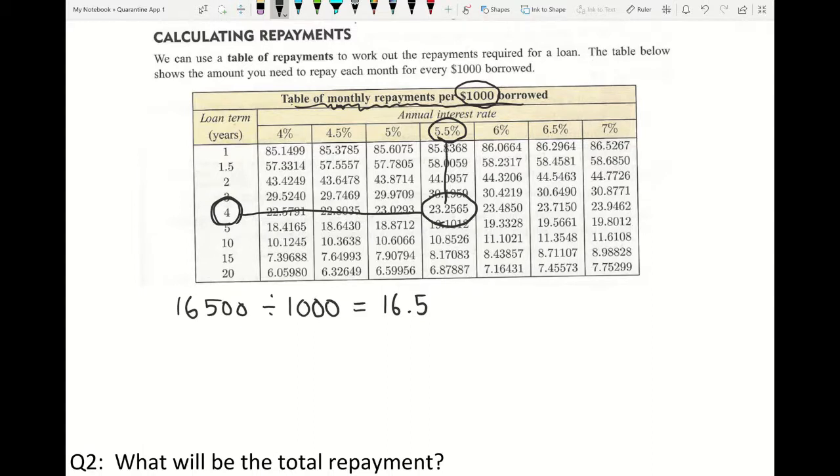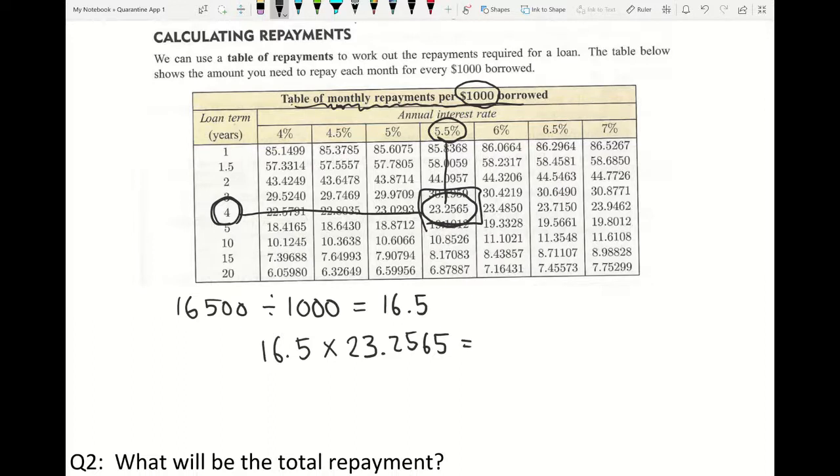Okay, so since for every 1,000 you owe $23, you multiply 16.5 times 23.2565. You don't want to round off at this point. Okay, and if you do that math, you will come up with, I've done this calculation beforehand, so take out your calculator and figure it out, or pause the video at this point.